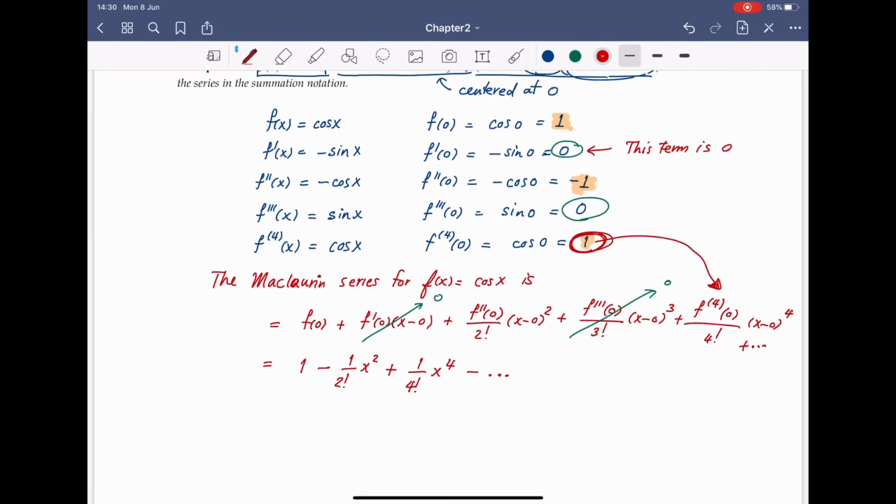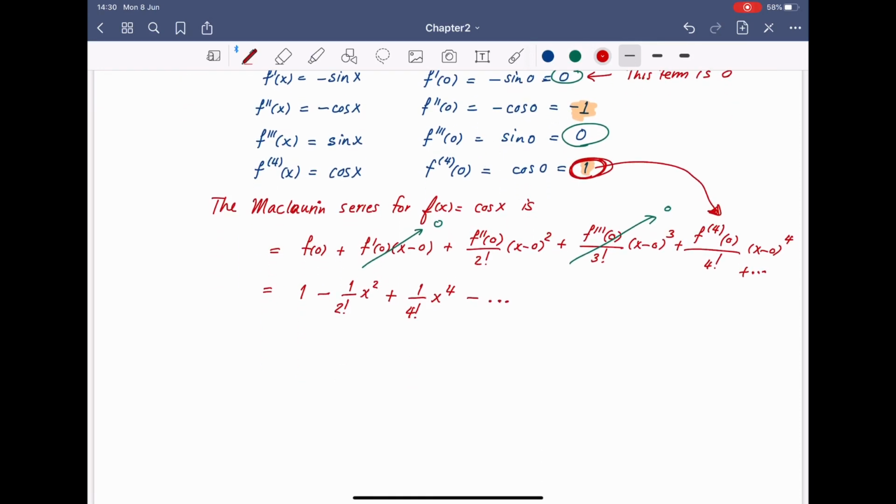In order to write this in summation notation, you can observe the pattern. If you expand more, you see 1 over 6 factorial times x to the 6th power, plus 1 over 8 factorial times x to the 8th power, and so on.